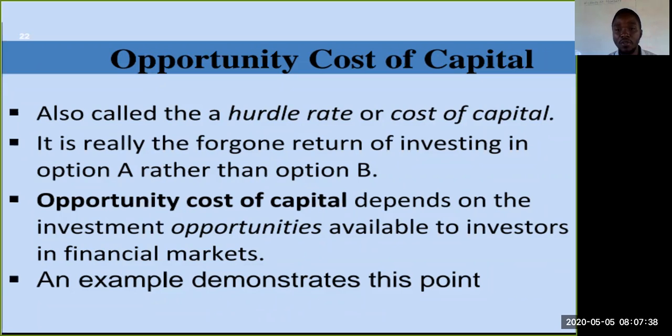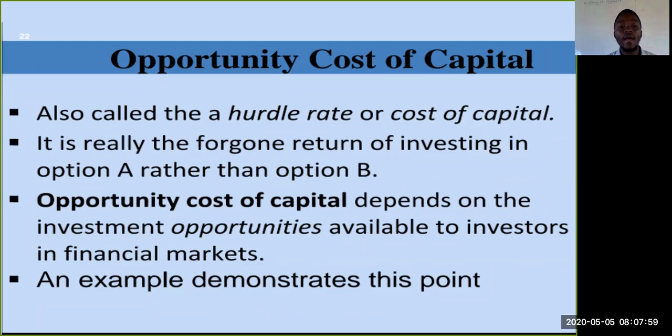Opportunity cost of capital depends on the investment opportunities available to investors in the financial market. So you make opportunity cost at the end of the day if you've got a number of investment opportunities available. And as an investor, you have to be rational.